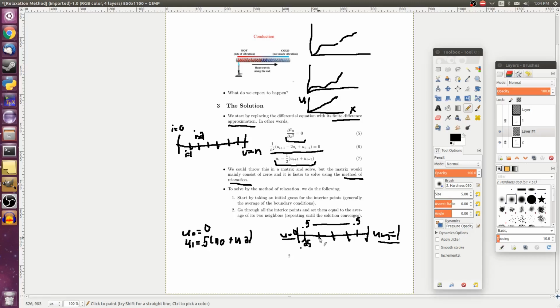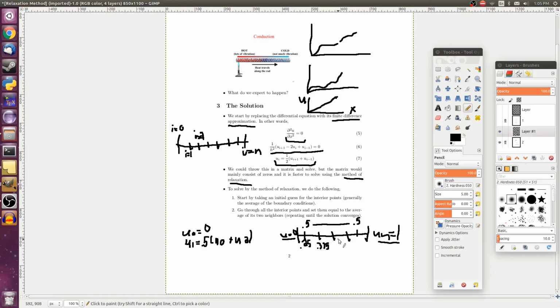It'll be the average of 0.25 and 0.5, and I'm really bad at mental math, but anyways, you get the idea. And then you go through all these points, and you do this until the solution converges. In other words, each time you go through, if your new guess doesn't change by that much, then you're starting to converge, and then you know you're done.